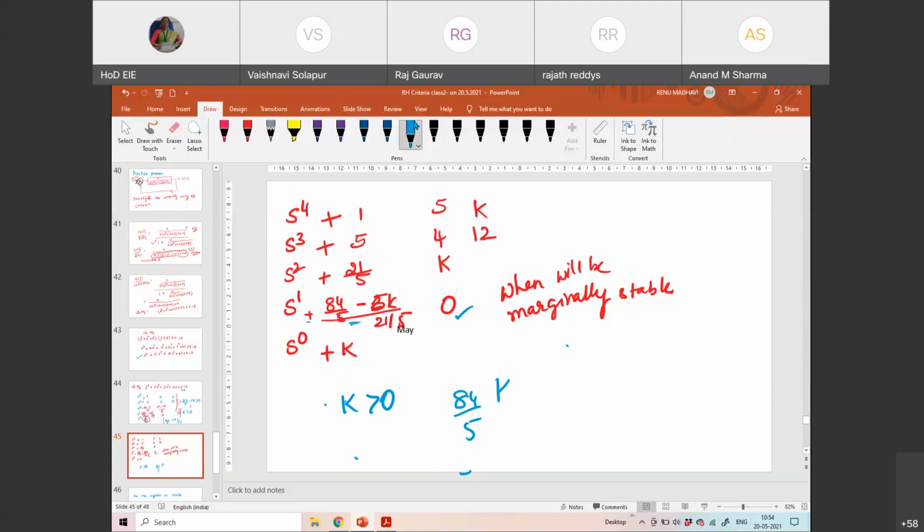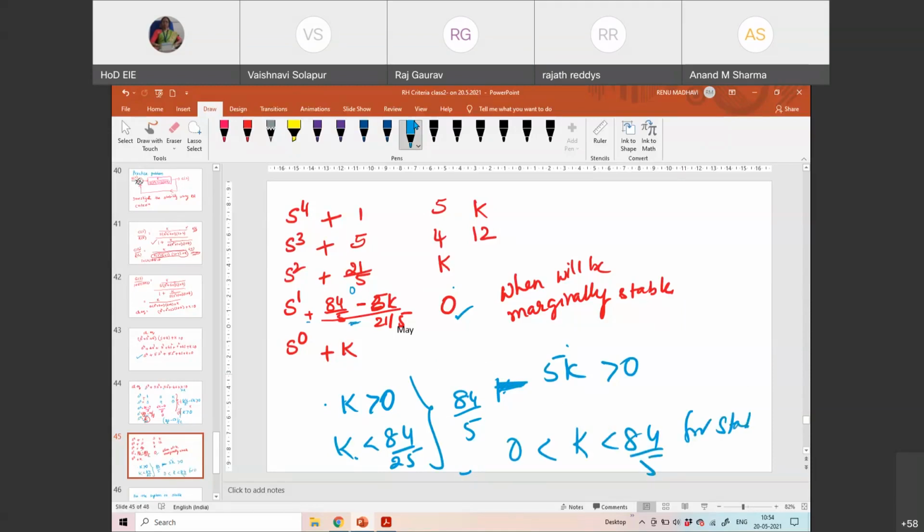So if this becomes 0, this is a 0 and this is also a 0, right? Yes. But for the system to be marginally stable, we should have a particular row to be 0.